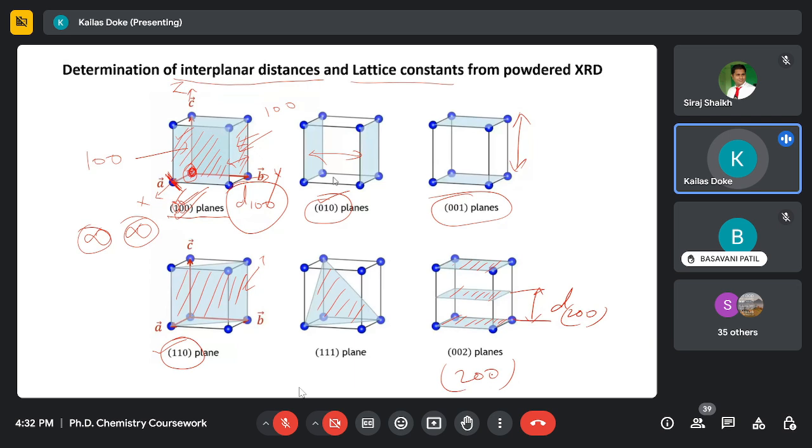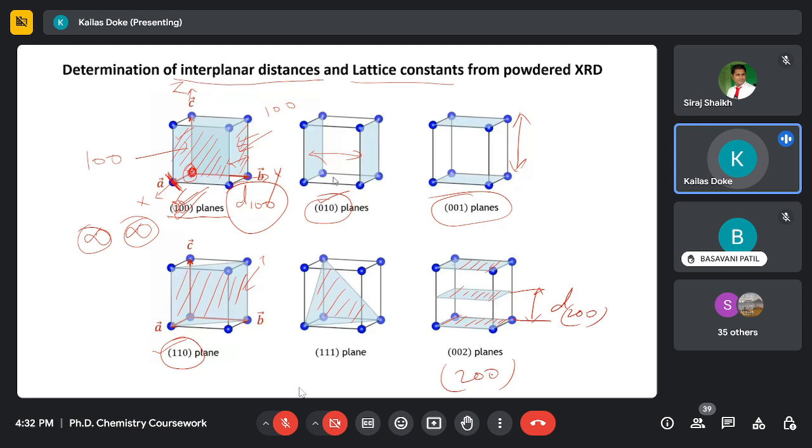So similarly, we can calculate the distance between two planes of all Miller indices. So each diffracted peak: diffraction between two 100 planes, diffraction between two 110 planes, diffraction between two 111 planes that we observed.